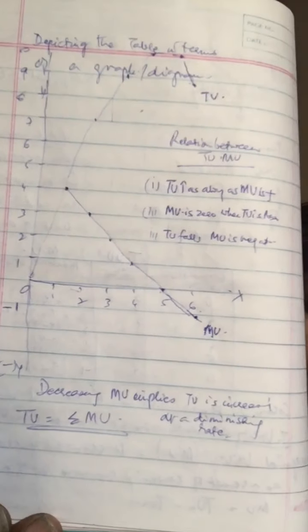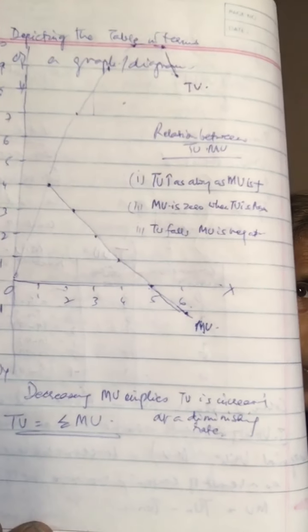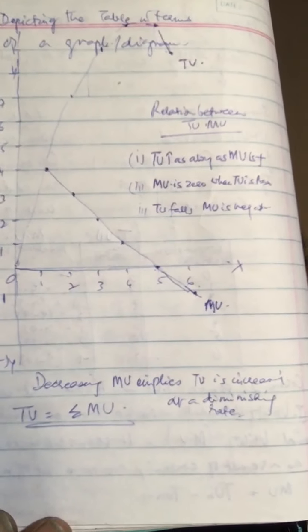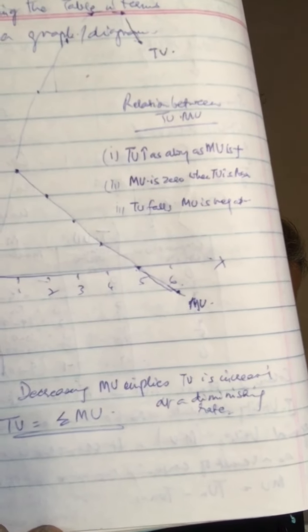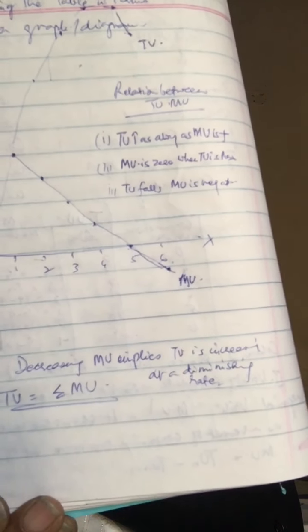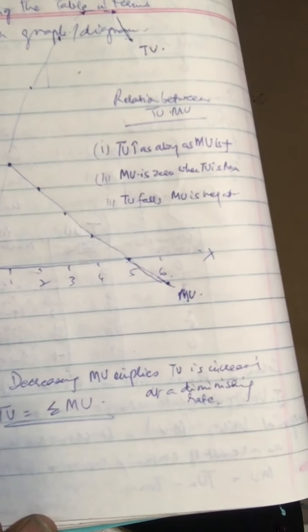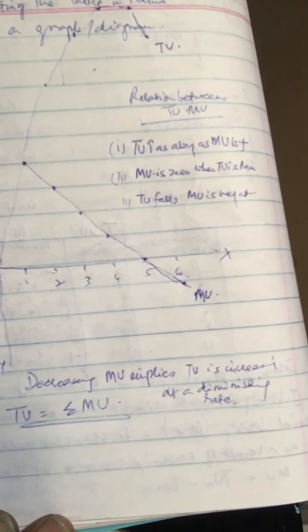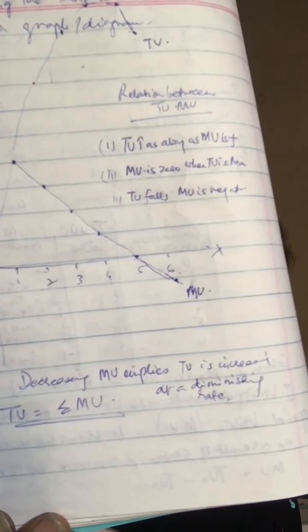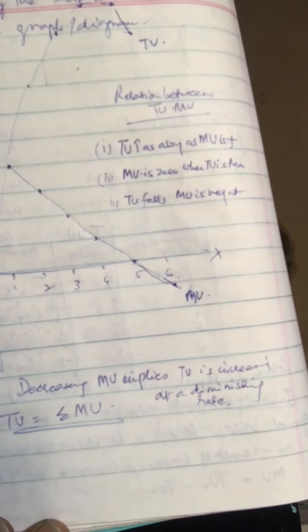You can get a question: when marginal utility is falling and positive, what will be the total utility? Will it be increasing or decreasing? Yes, it will be increasing, but at a decreasing rate.